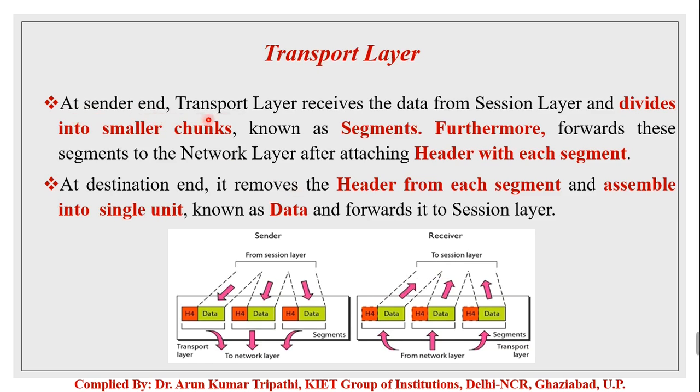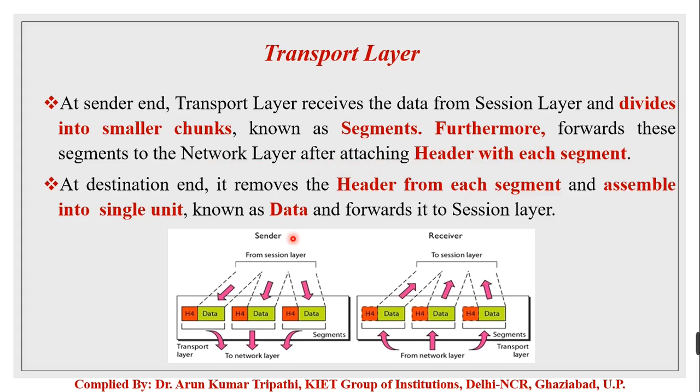At the sender end, transport layer receives the data from session layer and divides it into smaller chunks. These chunks are known as segments. These segments are forwarded to network layer after attaching a header with each segment.